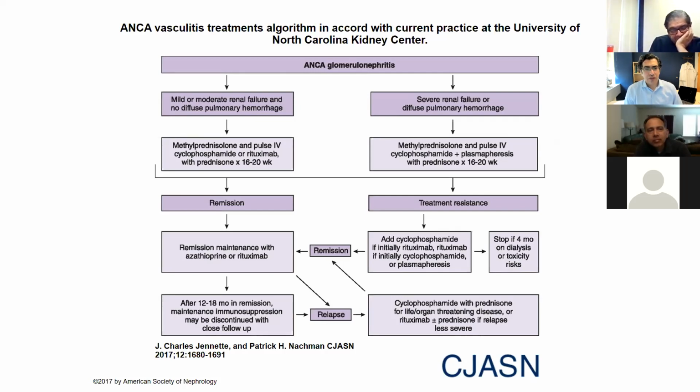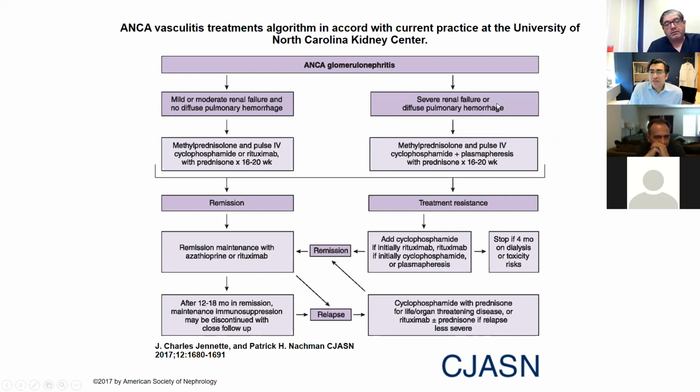So the options were methylprednisolone and pulse IV cyclophosphamide or rituximab with prednisone for 16 to 20 weeks. To achieve the remission, you go down, and then maintenance with azathioprine or rituximab. And after 12 to 18 months in remission, maintenance immunosuppression may be discontinued with close follow-up.